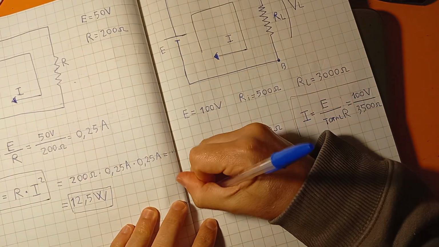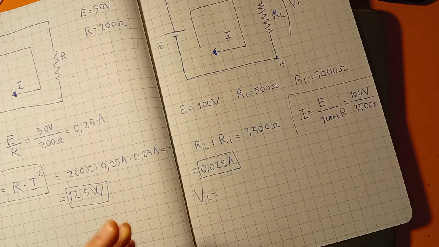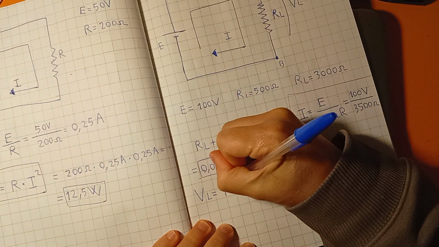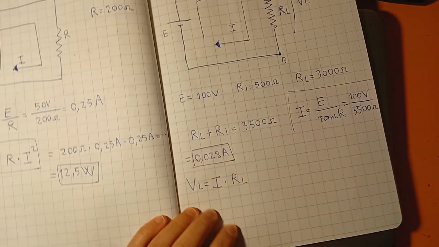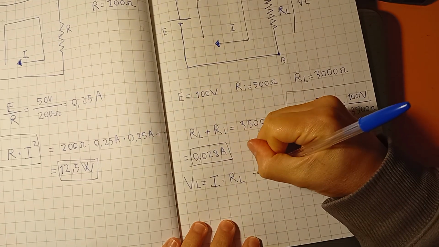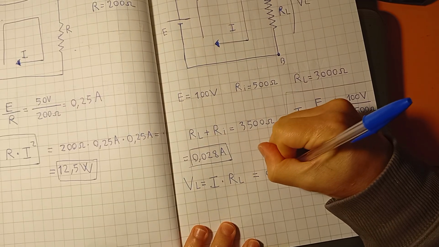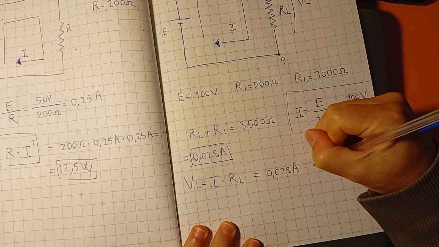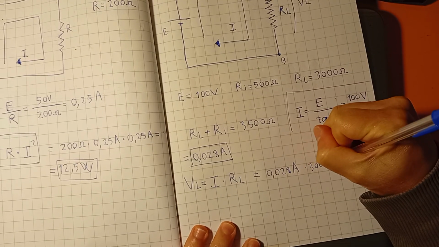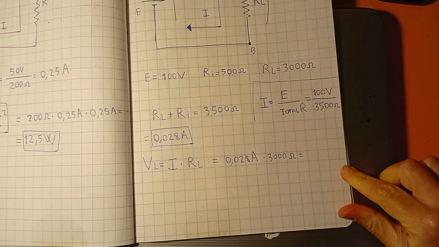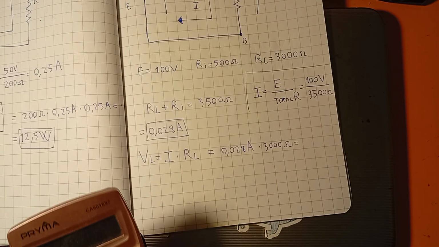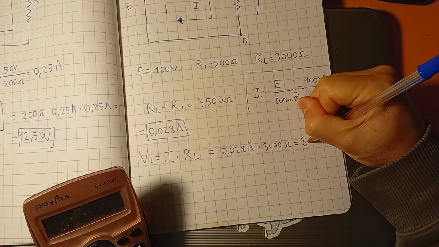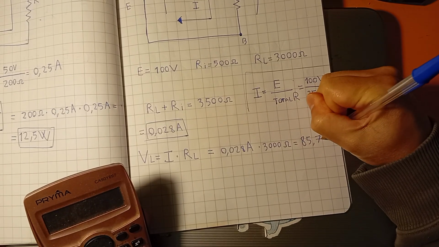So the voltage drop on the user, on the receiver, is current multiplied by the resistance of the receiver circuit: 0.028 ampere multiplied by 3000 ohm. So the voltage drop here is 85.7 volt.